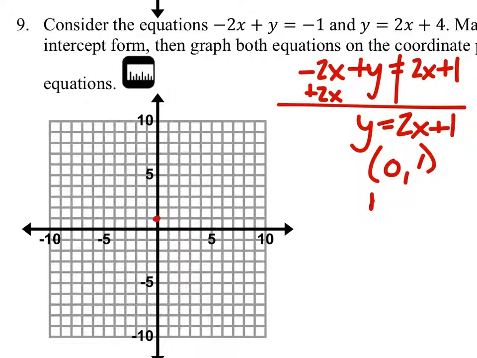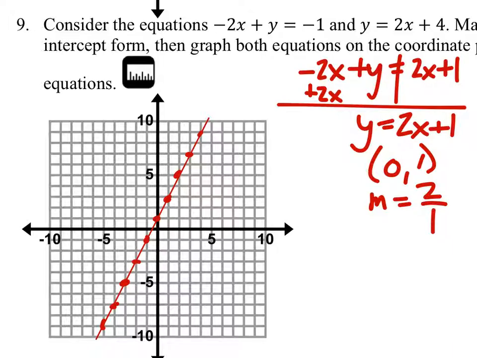And then my slope, again, I'll make that 2 over 1, so I go up 2 to the right 1, up 2 to the right 1, up 2 to the right 1, and so forth. And I can continue this pattern to the left. There we go. And then I'll make my line. Bam. Very nice.